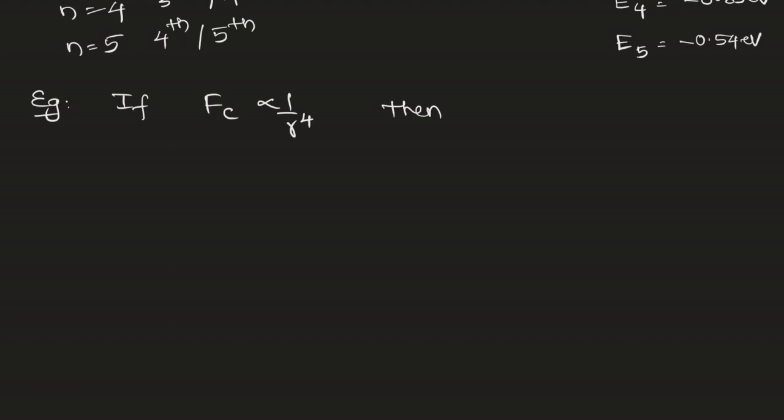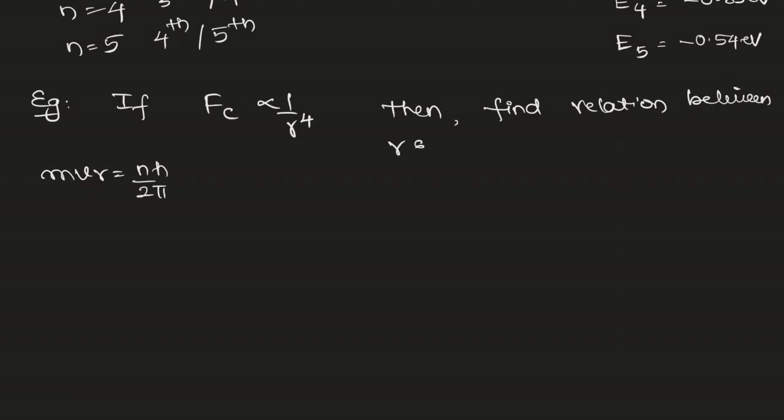As it is obeying our Bohr's model, definitely we have mvr is equal to nh by 2 pi. Then they'll ask you to find the relation between R and N, radius and principal quantum number.